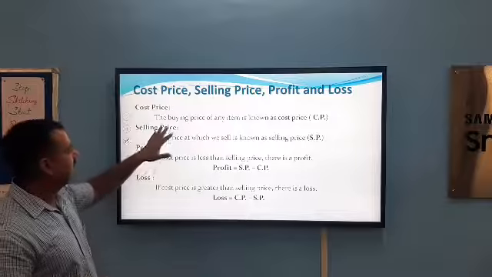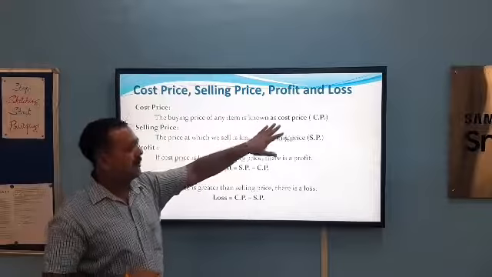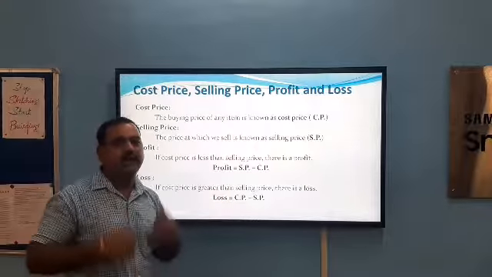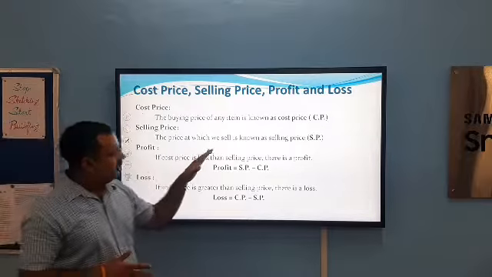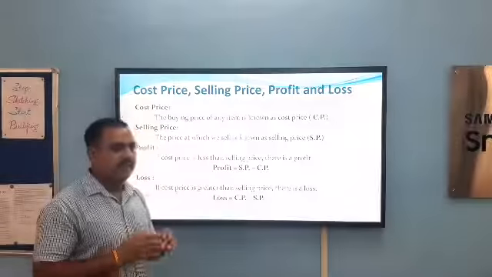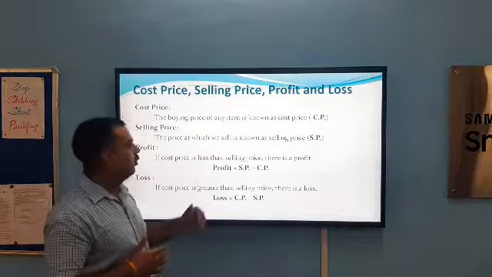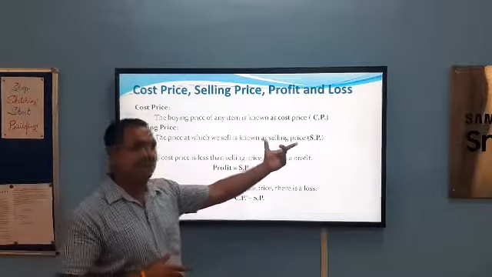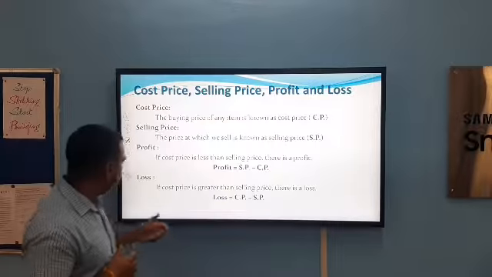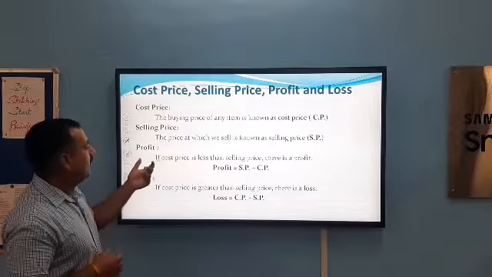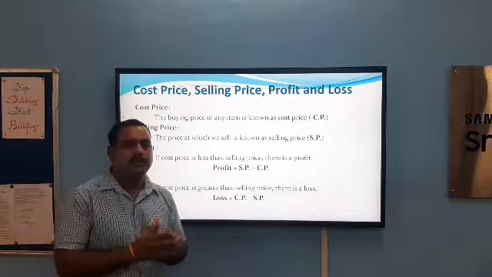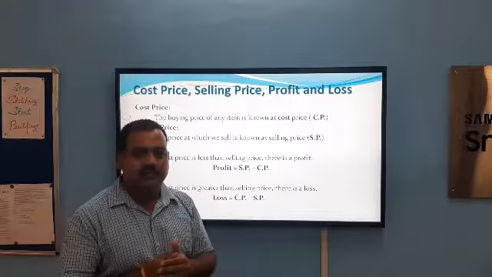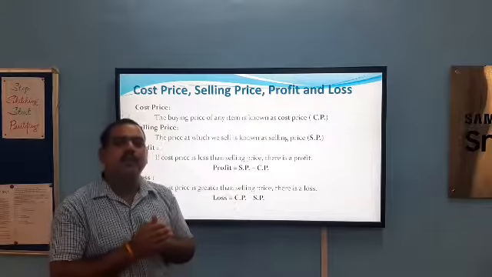So cost price is the buying price of any item, the amount in which we buy anything, and selling price is the price at which we sell the goods to another person. Now profit. If the cost price is less than selling price, suppose we purchase an item for 10 rupees and we sell it for 15 rupees.